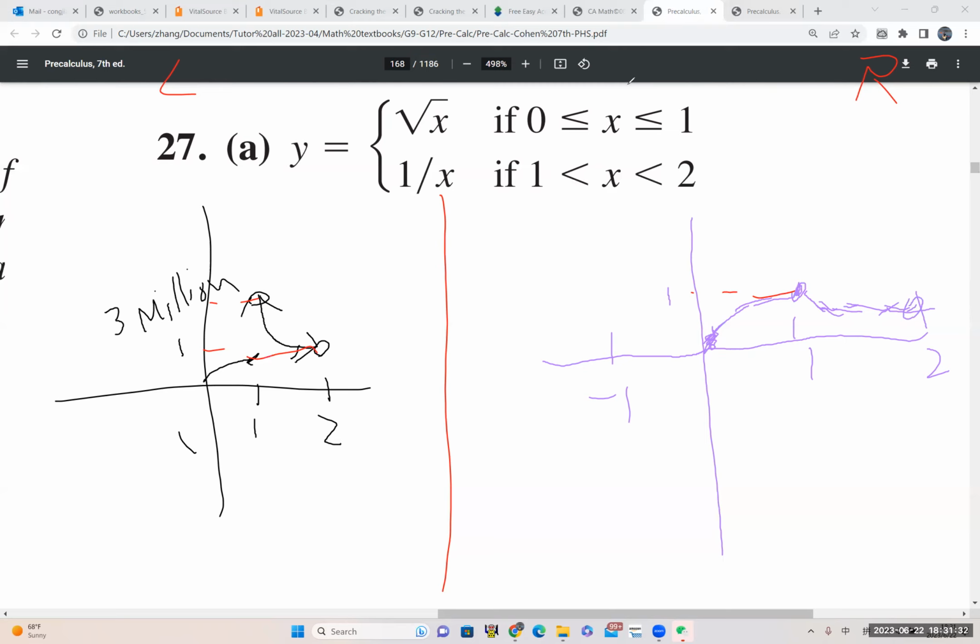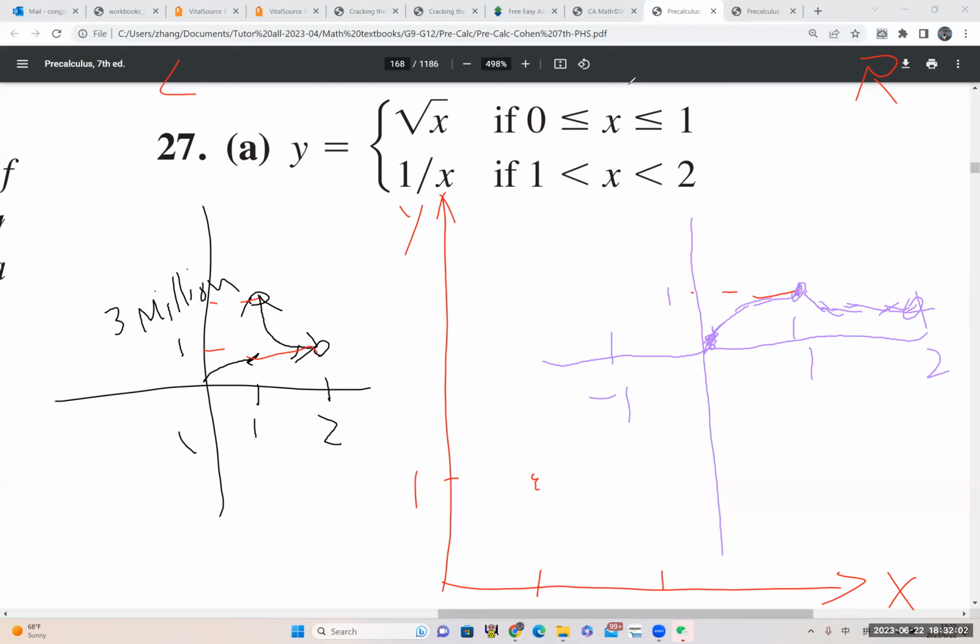Okay, now let me do it. We just need the first quadrant, right? So if you think about this, this means x, this means y. Yeah, we need 1, 2. So here is 1, here is 2, okay. Then here is 1, right? So for the first piece, it passes through x equal to 1, y equal to 1. So it's a point here, right?